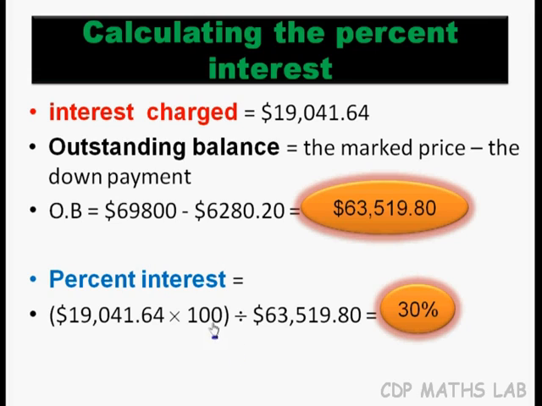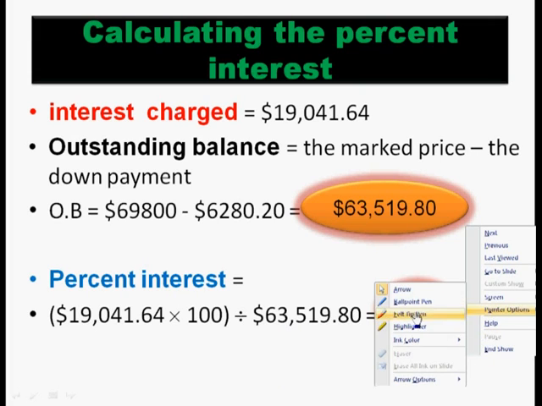So first, you write the interest right here. Then you multiply it by 100, put in the brackets, and you divide it by the outstanding balance. Now, some persons are accustomed to doing this.